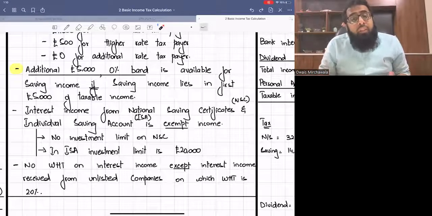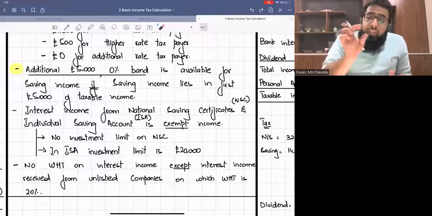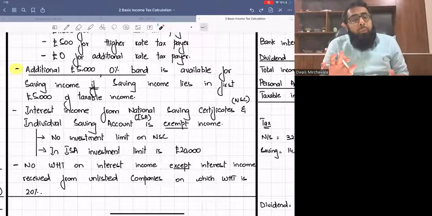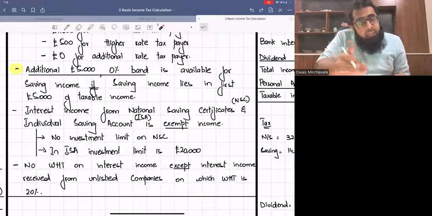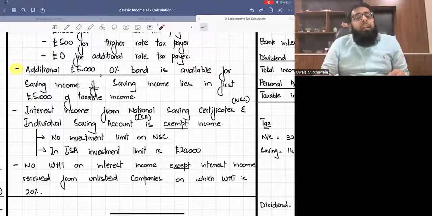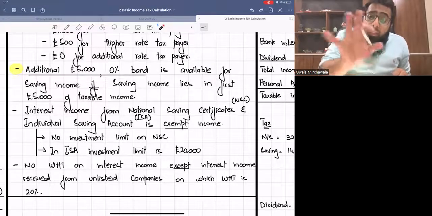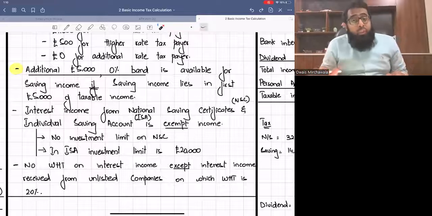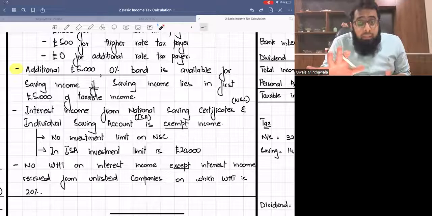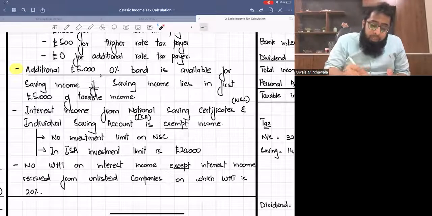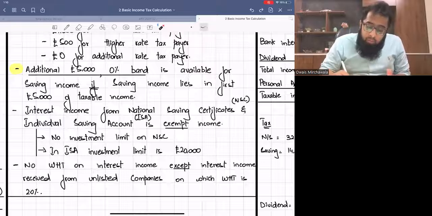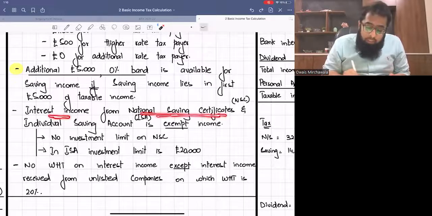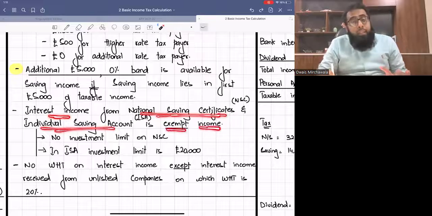Like if your non-saving is 2,000, the saving income will get 3,000 pounds in the starting 5,000 pounds of the taxable income, and that will be an additional 0% band. Obviously, when we look at the practice question, this will get clear. So my advice for now is not to rush. Have some patience.